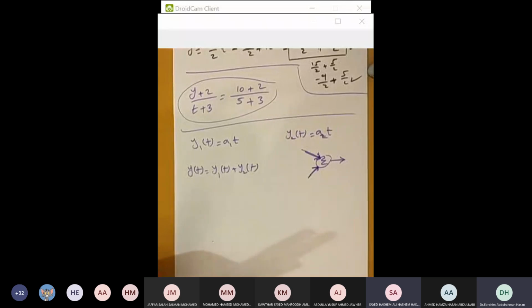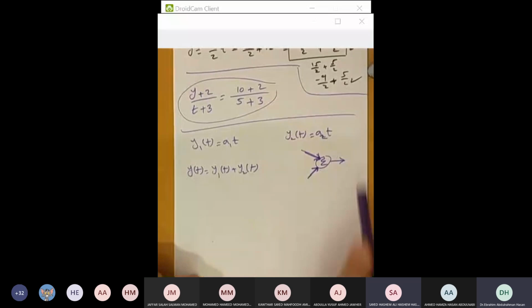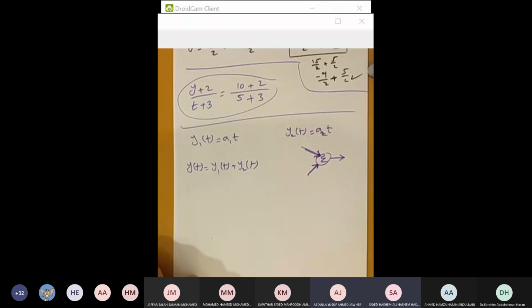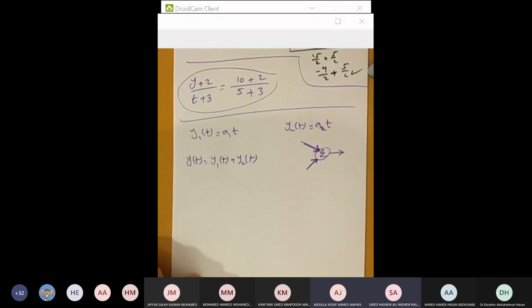It doesn't mean the signal is always a straight line, no, it is just so we understand, we start with simple things, the linear ones. Okay, what do we get here as y of t? A straight line also.